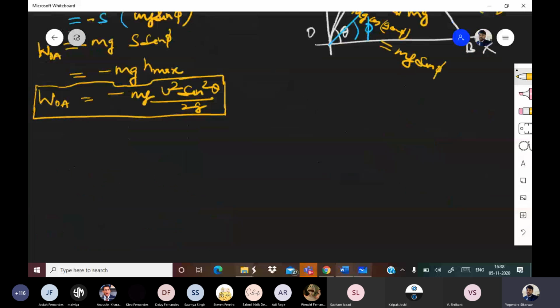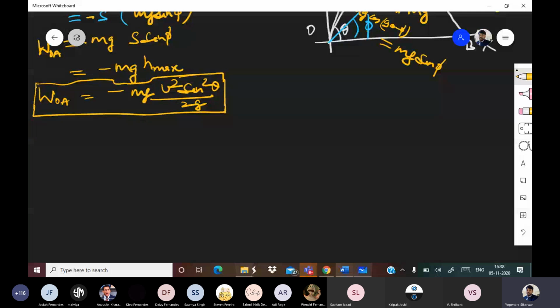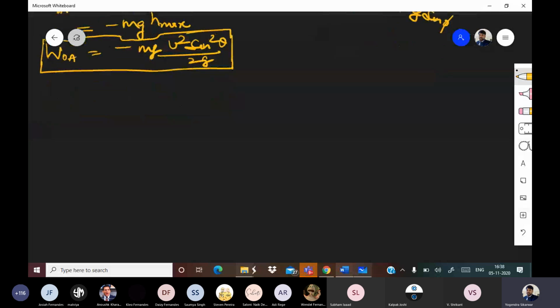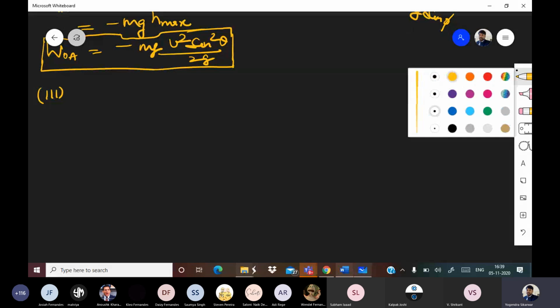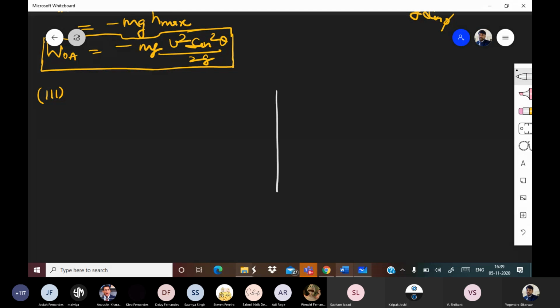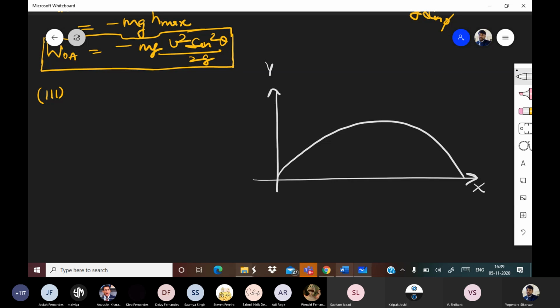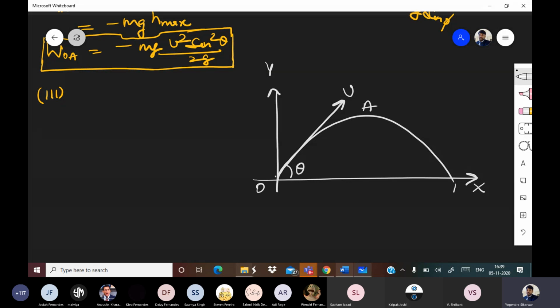Okay, everyone. Enough time given. Please pay attention. I'll be solving directly by one method, not to waste time. So third part. Now F vector, this is O, this is A, this is B. F vector is equal to mg minus j cap.